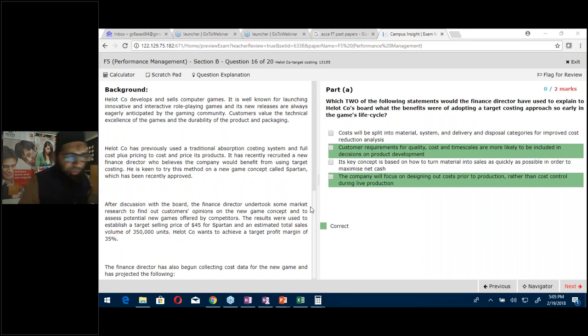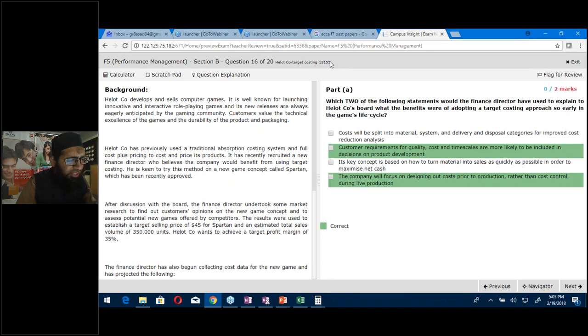Now, this is the question on life cycle costing. And note this OT case, and this will be your home assignment. This is Hallett Company target costing 13155.